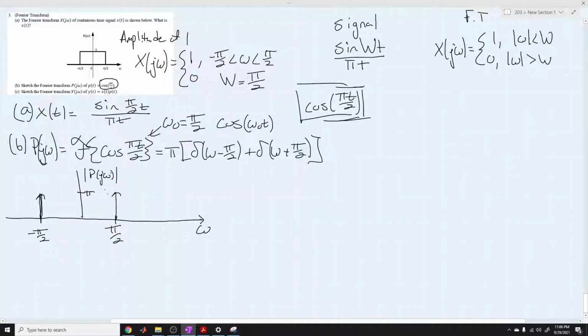So what this plot is showing is just telling us what the frequency content of cosine of pi t over 2 is. And it makes sense that this is our only frequency content because we have a single sinusoid.